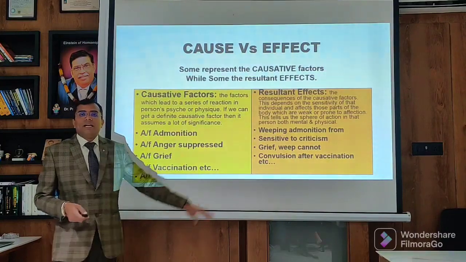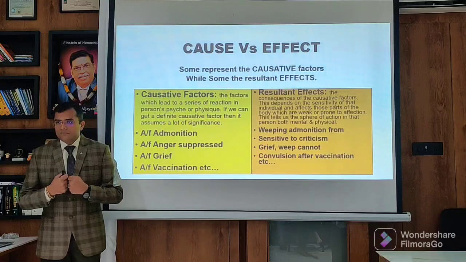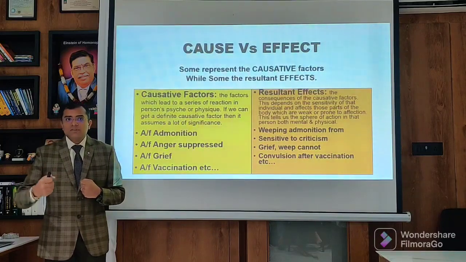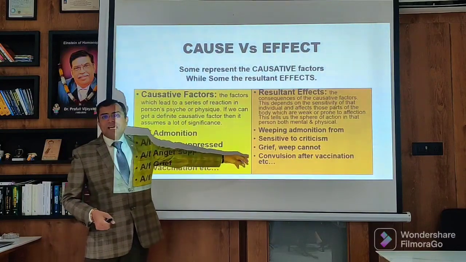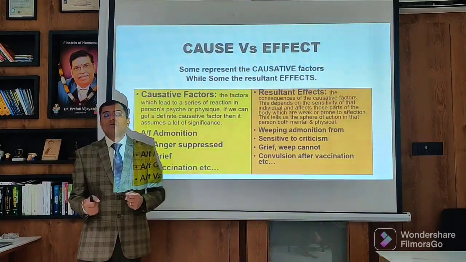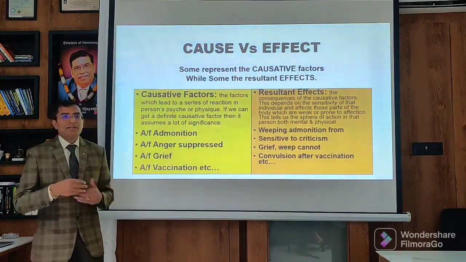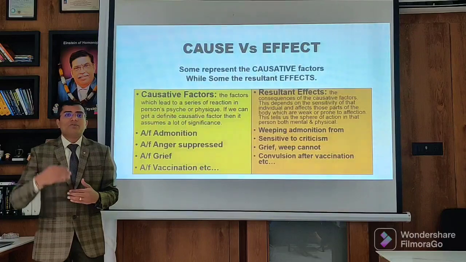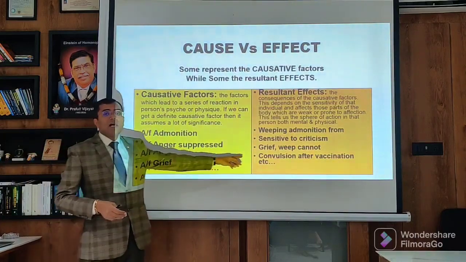So they have to adapt to a certain situation and they become very hard and tough to fight. Diabetes means to fight. In that case, they have a grief, they are sensitive, but they cannot weep. They don't show their feminine quality of weakness and femininity, and they become hard. That is what they have to fight, and that is why the glucose is increasing. So these are the symptoms of diabetes.